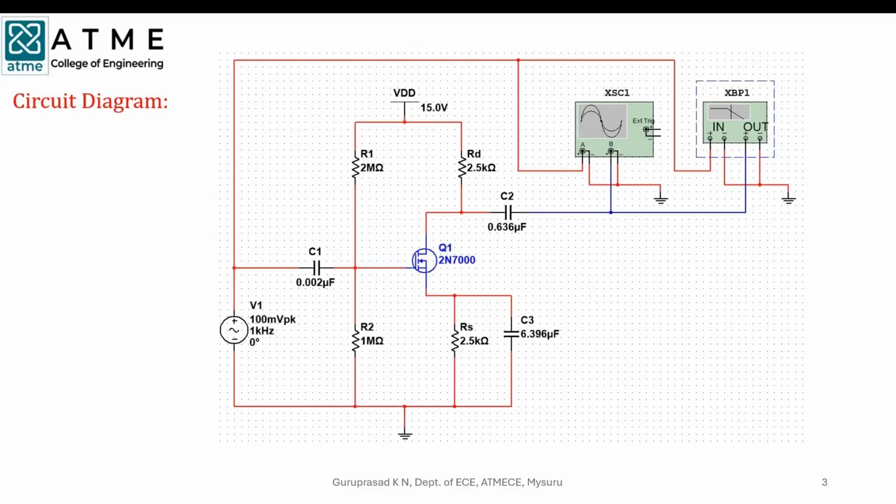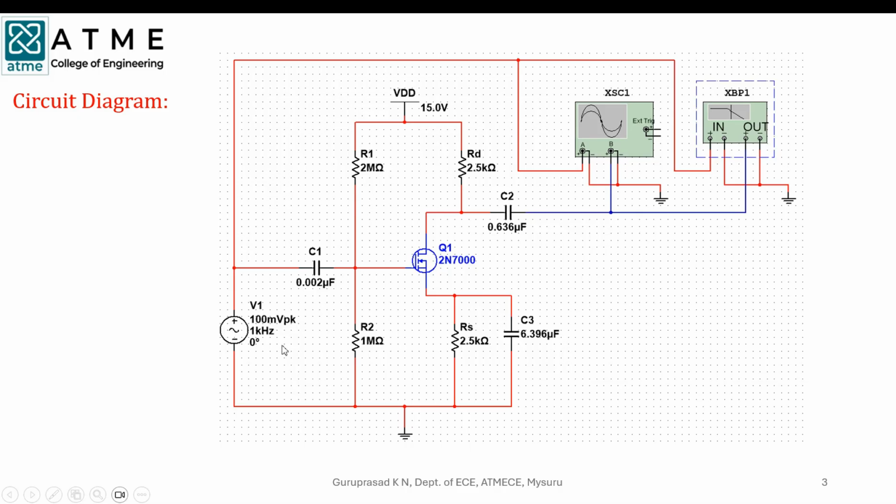So this is the circuit diagram which we will be implementing using Multisim software. In the circuit diagram we have a FET. I have chosen 2N7000, R1, R2, RD, RS, 4 resistors of different values, 2 coupling capacitors C1 and C2 and 1 bypass capacitor.